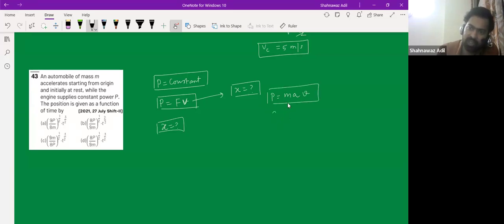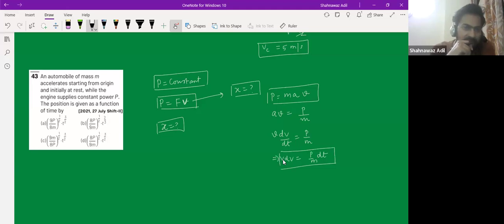So your Fv is simply p, so a is p by mv. And a is how much? a is dv by dt. So v dv is p by m dt, right?